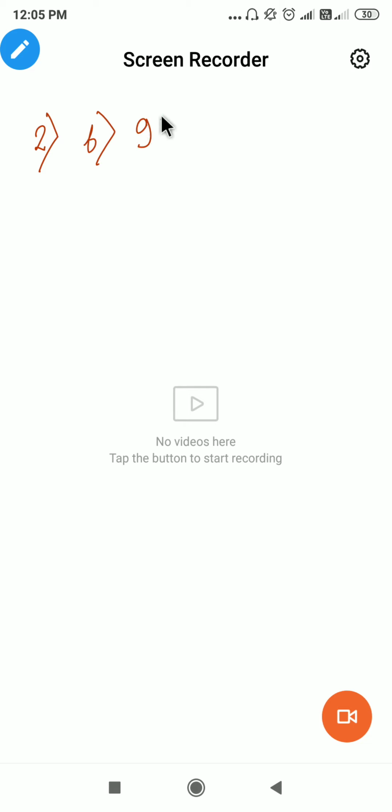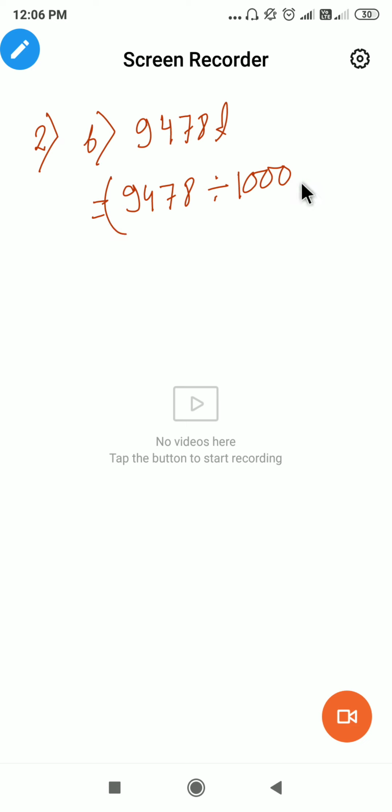There is given 9478 liter. If you want to convert liter to kiloliter, you have to go in the backward direction here. How many rooms do you have to go back? You have to go back 3 rooms. That means you have to divide with 1000. So this one is divided by 1000.